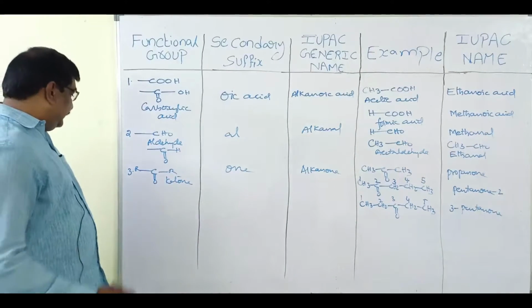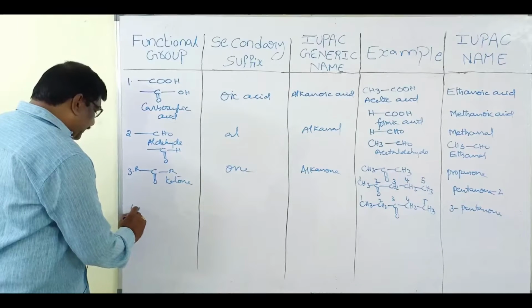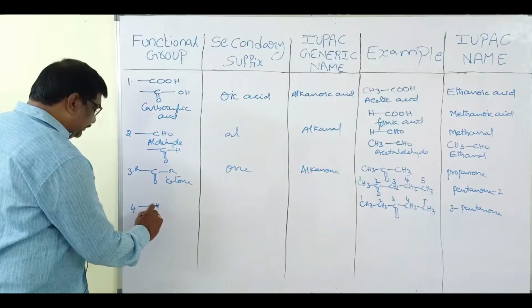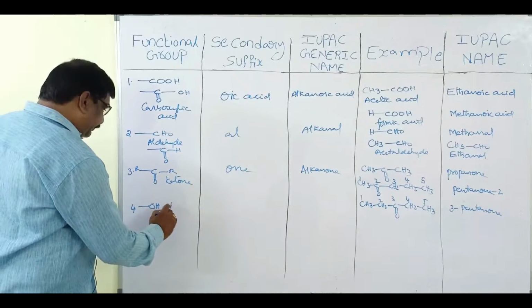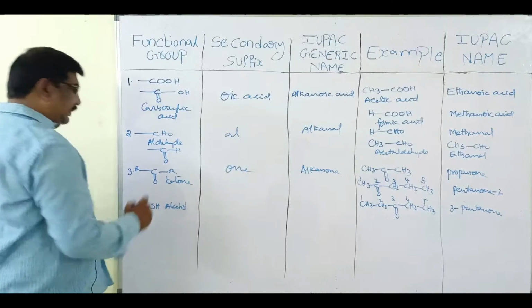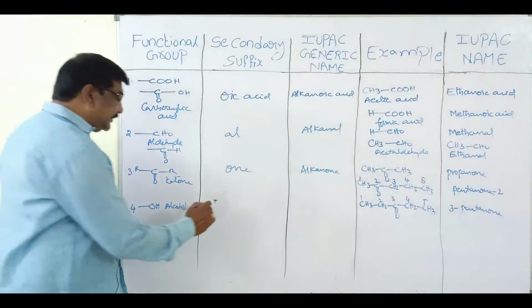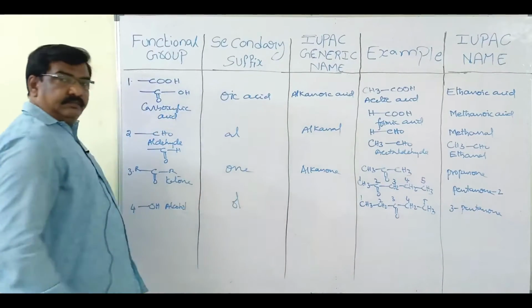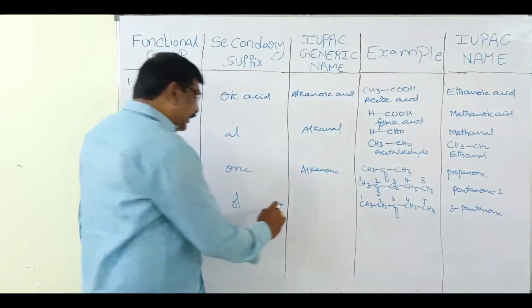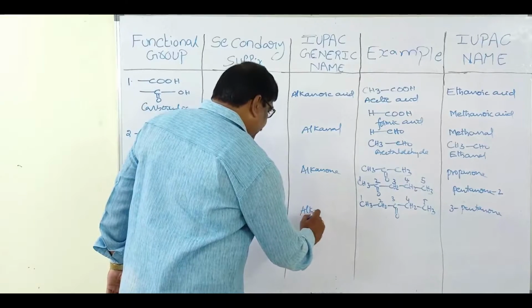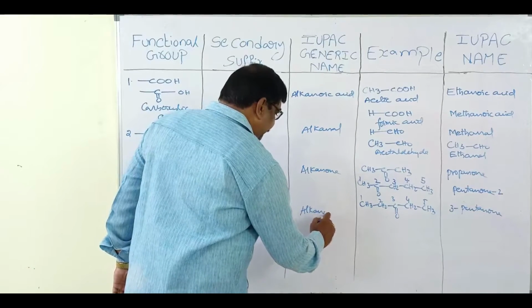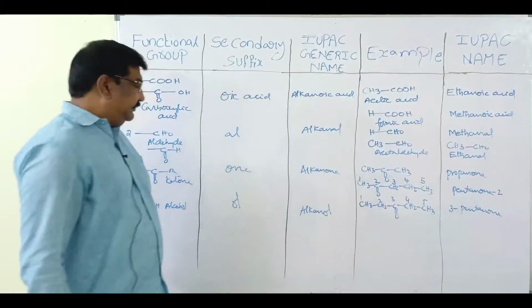The third priority. And the fourth priority of principal functional group is OH. It is called alcohol. The secondary suffix for alcohol is ol. In alkane, E is replaced by ol.